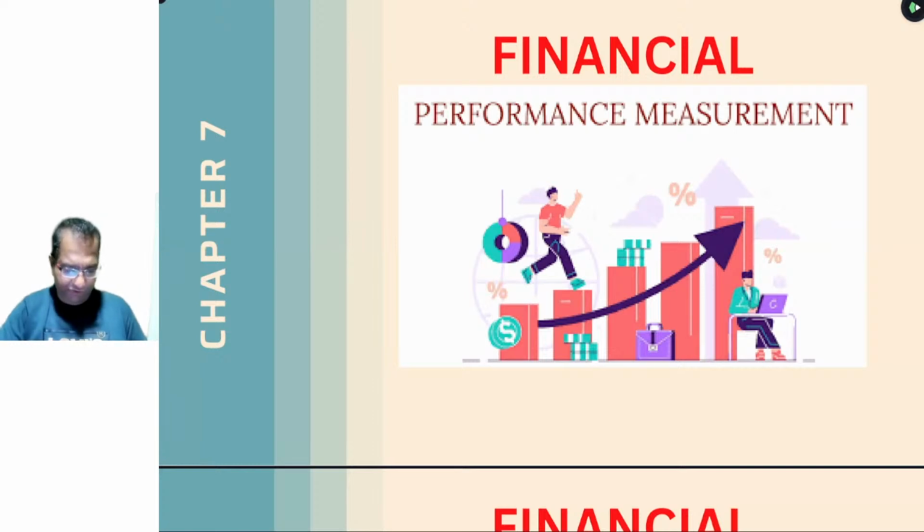In our syllabus, there are a total of 3 models available in financial performance measurement. I already told you, beta, in all the 3 models, the performance will be measured and evaluated only from the viewpoint of financial transactions. We do not consider the need of other stakeholders such as customers, employees, or creditors.